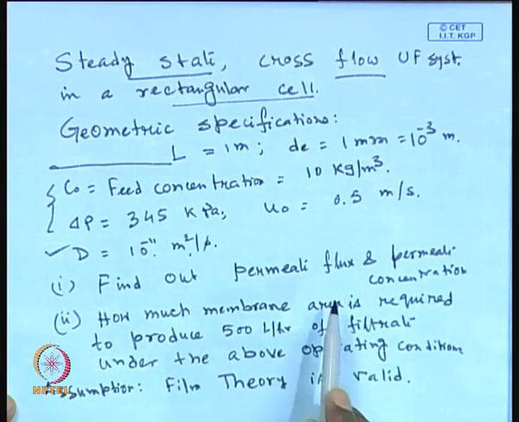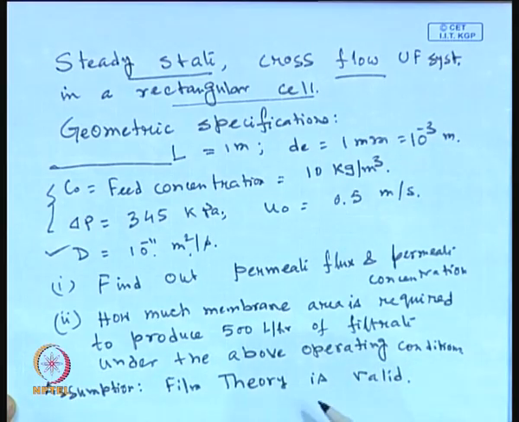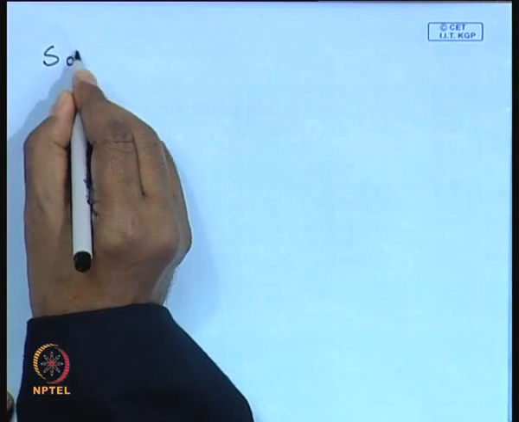You have to find the permeate flux and permeate concentration, and the membrane area required for a productivity of 500 liter per hour at these operating conditions. We assume film theory is valid, that means there is a constant film thickness over the membrane surface. So, let us look into the solution now.